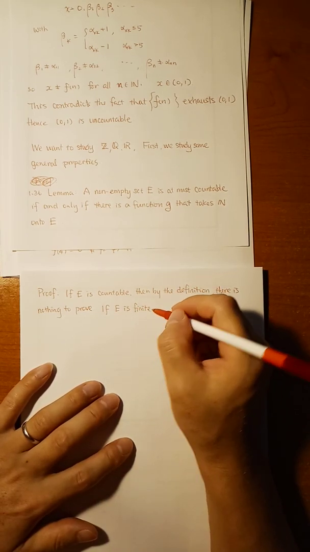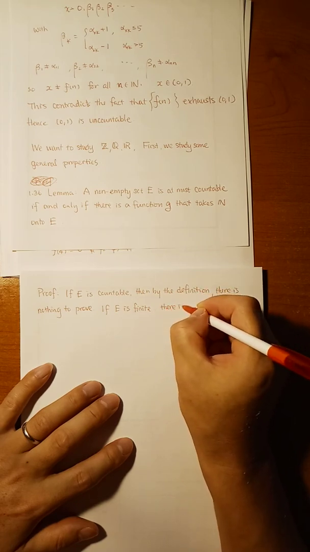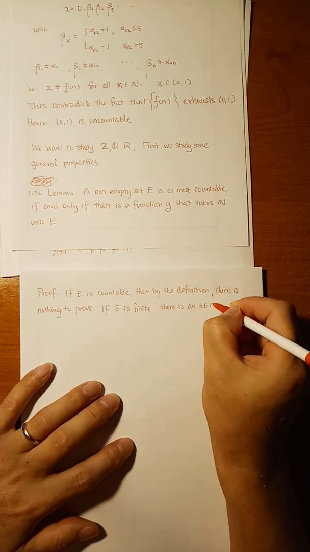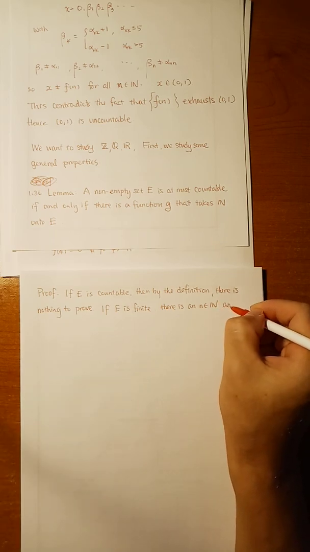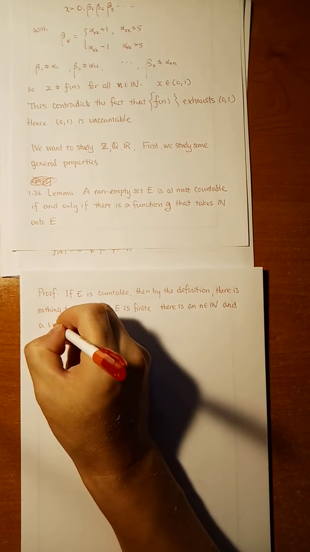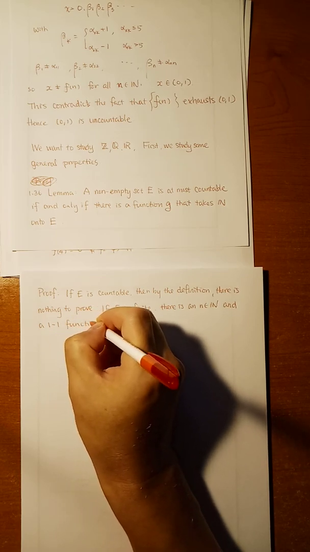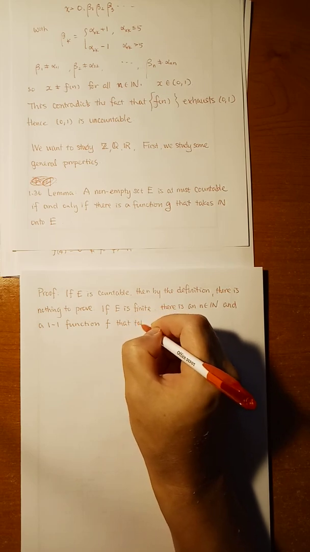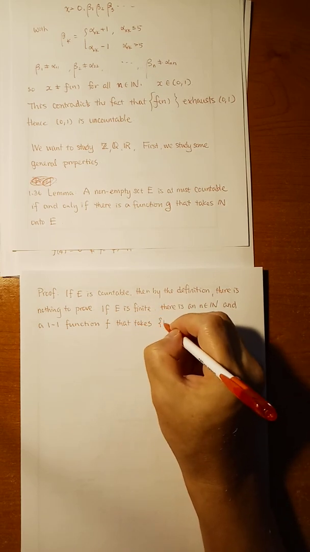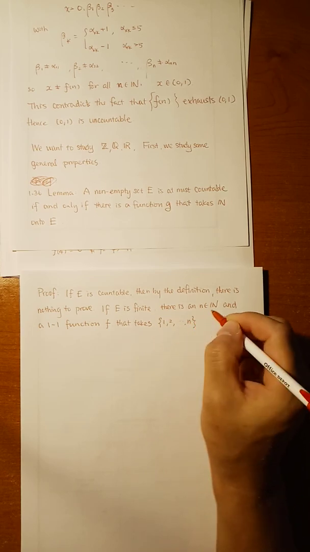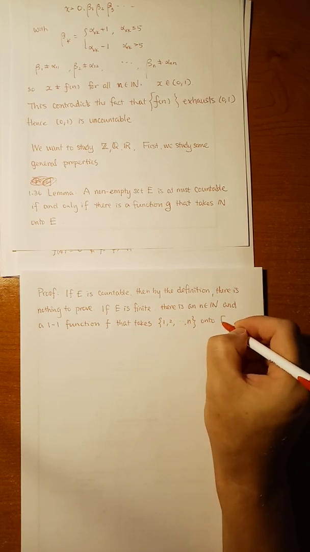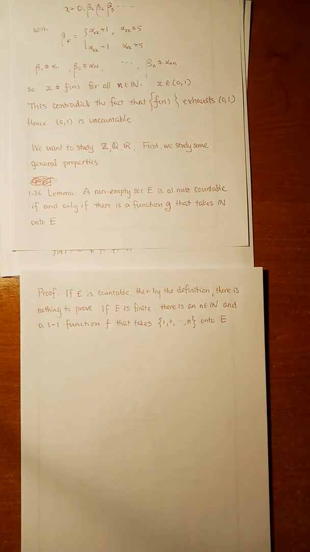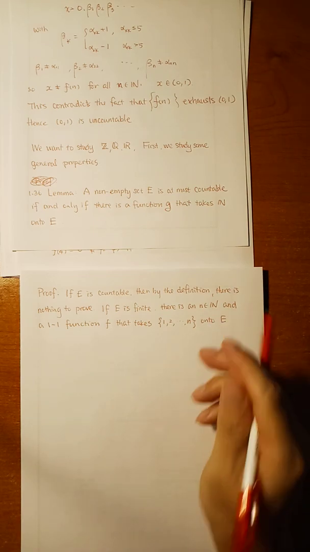So if E is finite, by the definition, there is an integer n and a one-to-one function f that takes 1, 2, 3 up to n onto E.